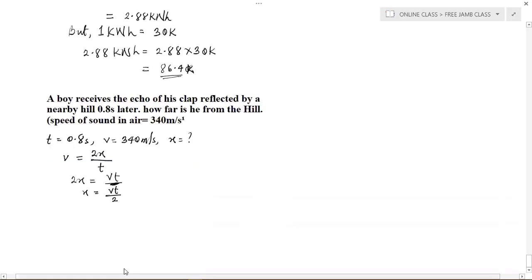Why is it like this? Let me give you an explanation on why the formula is like that. Let's say this is the hill here. The guy is standing here. He claps here. Then that sound will go through a distance x. It will come back again through the same distance. That's why the x is 2x. Is that okay?